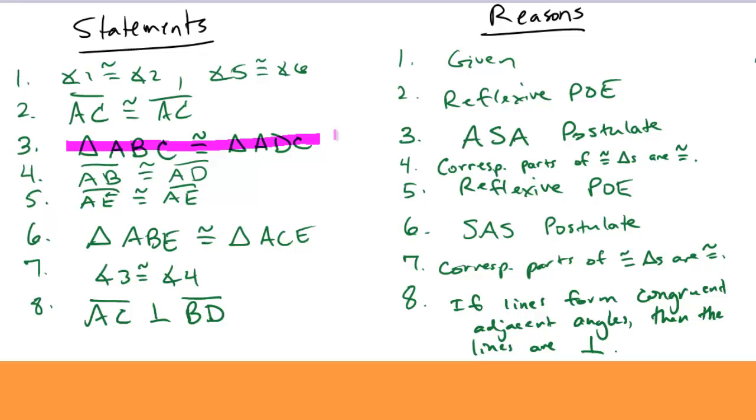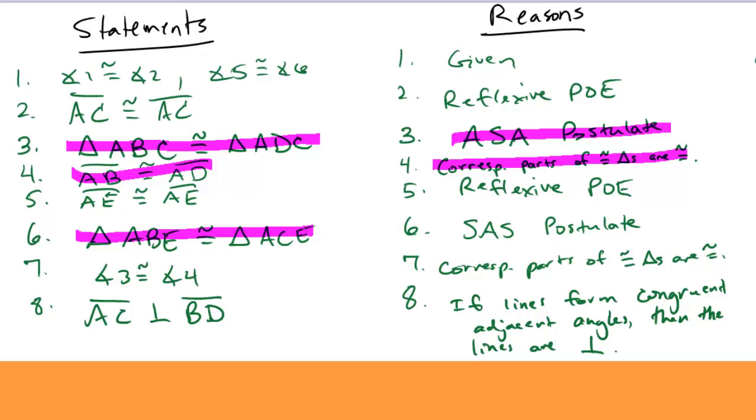We did that by angle side angle. From that, we knew AB was congruent to AD, because corresponding parts of congruent triangles are congruent. And then our next key step was to show that ABE was congruent to ACE by side angle side. I'm skipping these minor steps in between just to highlight what the key significant steps are that got us where we wanted to go.